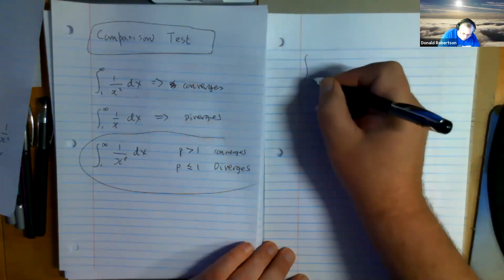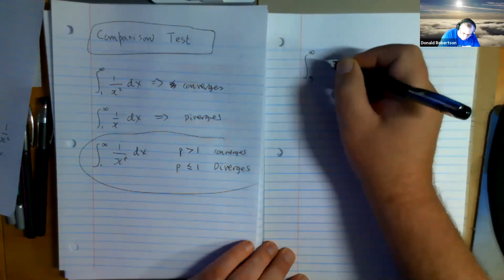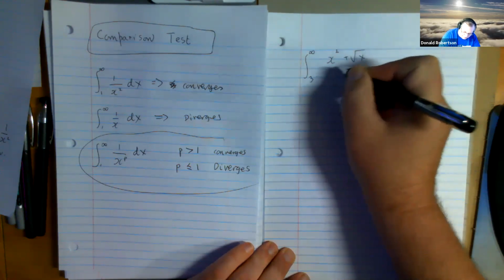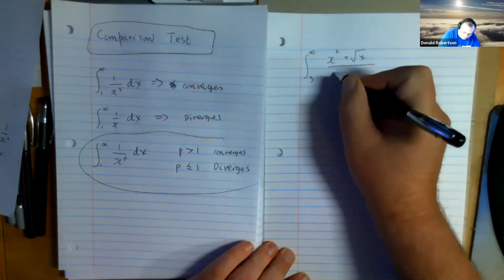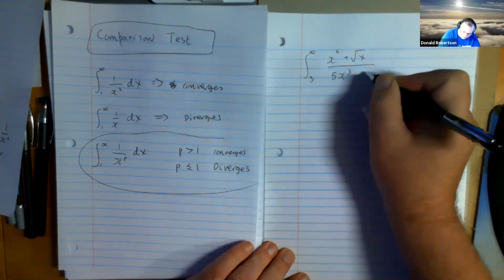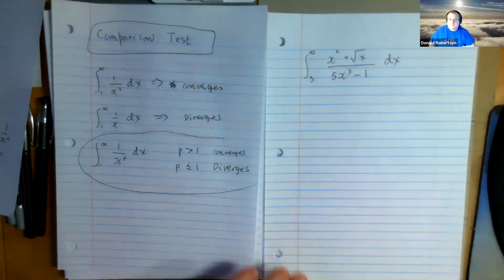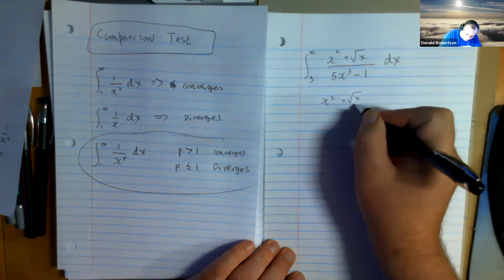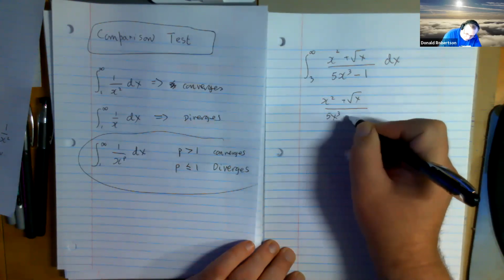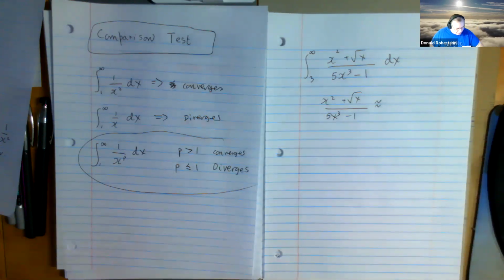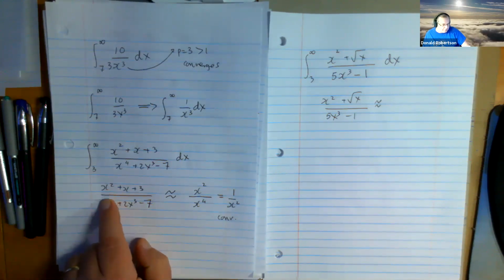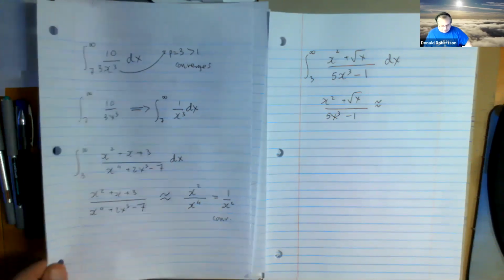So let's try another one with polynomials, and then we'll make things really weird. Okay, suppose I was doing that. If you didn't pick it up from the last one, what you do in this situation is notice that the highest power of x is the only one that really matters. The leading powers, the biggest.